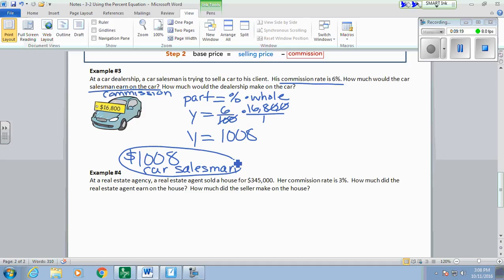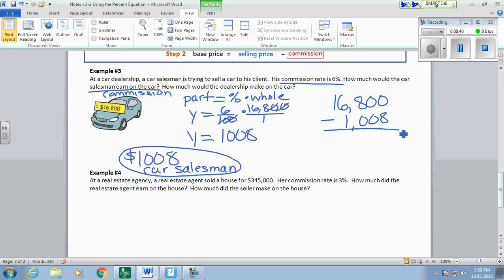To figure out how much the car dealership makes, well, the car dealership isn't going to get all $16,800. They're going to take the money that the customer paid them, the $16,800. They'll have to pay their car salesman out of that, $1,008.